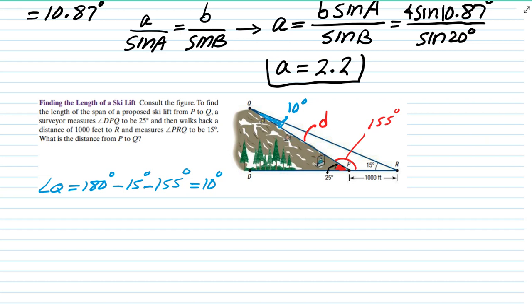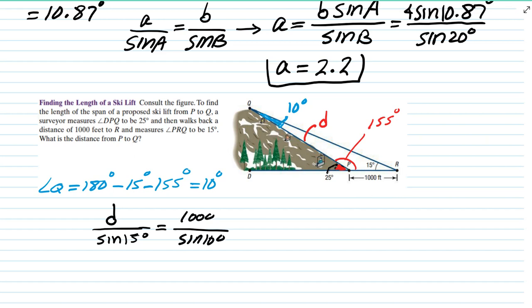Pretty much all the angles are known, so we can just use the law of sines in this case. Using the law of sines, I'm going to use d, the distance that we are seeking, divided by sine of the angle opposite, that would be sine of the 15-degree angle, right? Opposite to d, that angle is 15 degrees. That should equal the known side of 1,000 over the sine of 10 degrees.